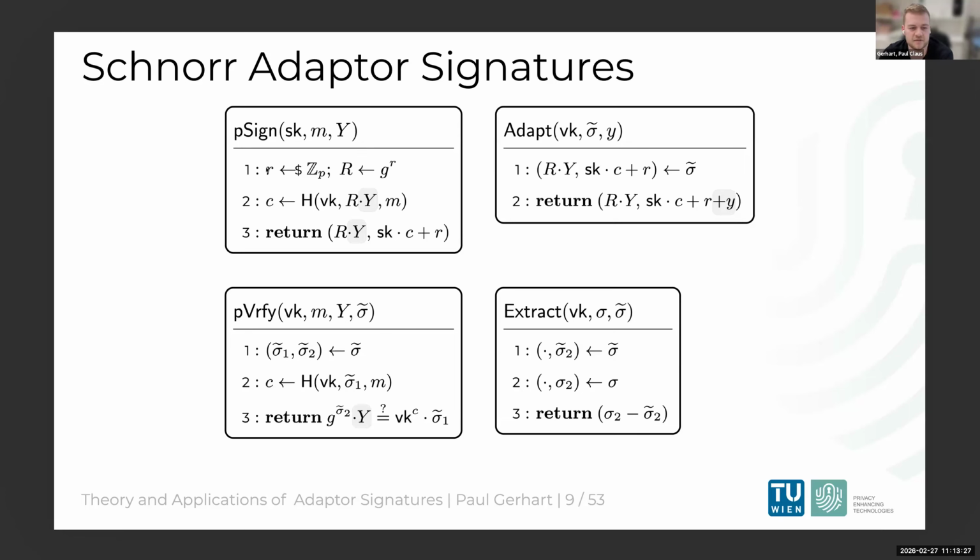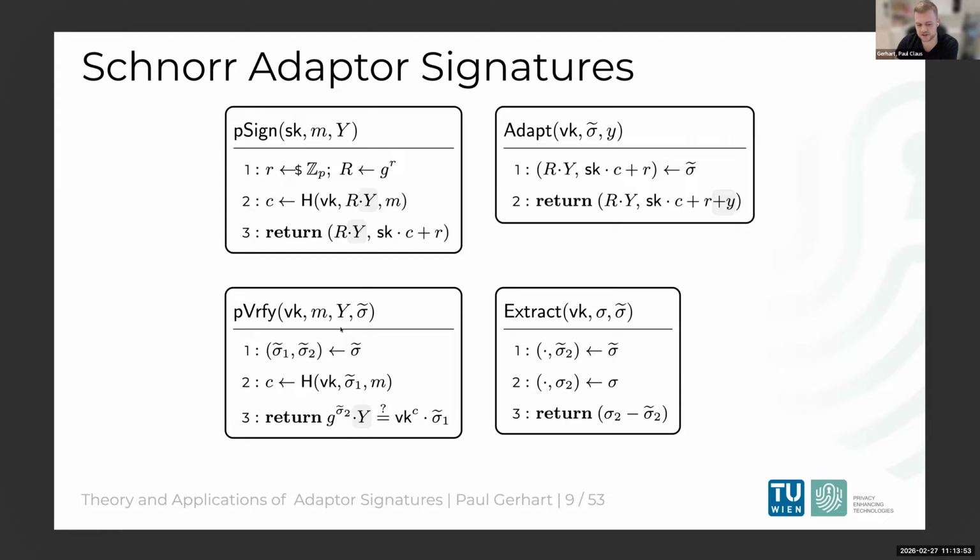So for Schnorr signing, you will sample a random element, compute a commitment to this element. And when it's not a pre-signature, simply hash the transcript used for Fiat-Shamir, and you return R and secret key times C plus R. To update this into an adapter signature, the only thing you have to do is multiply the Y element with the R. Why this makes sense, you will see in a second.